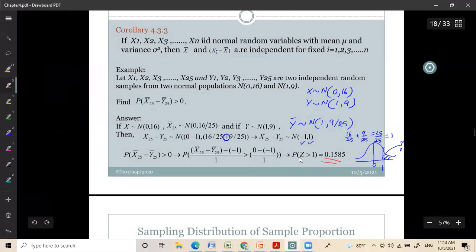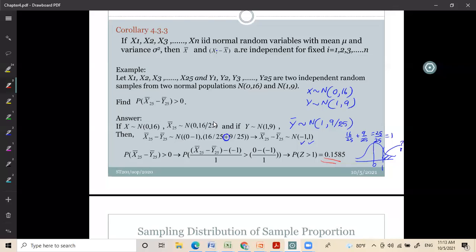Okay. So this example tests your knowledge about theorem 4.3. You should know that the sampling distribution of the sample mean has the population mean as its mean, and the variance sigma squared over n. And from the corollary, you know that when the population is normal, the sampling distribution of the sample mean is also normal.